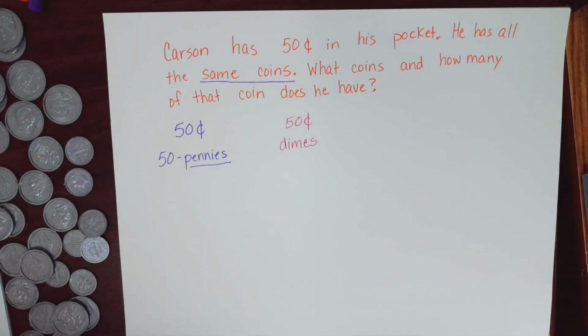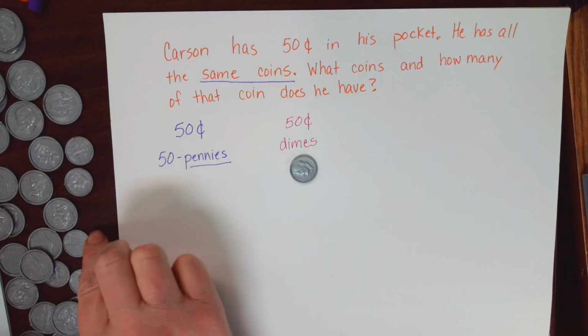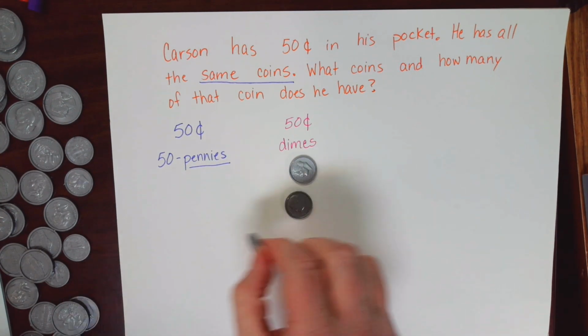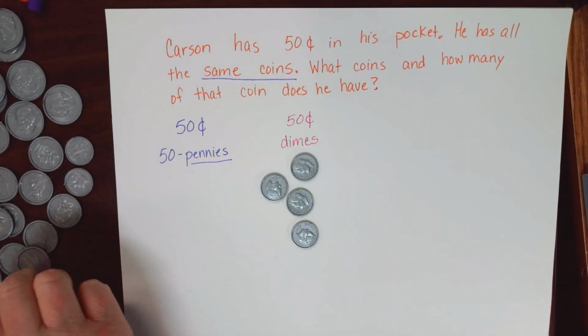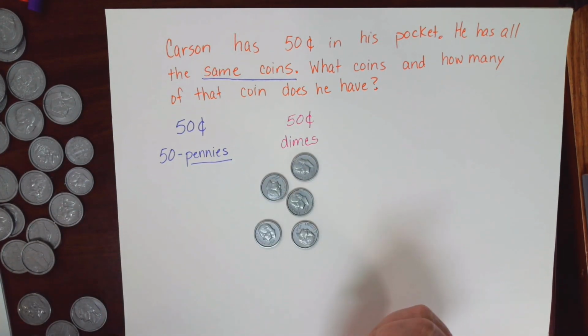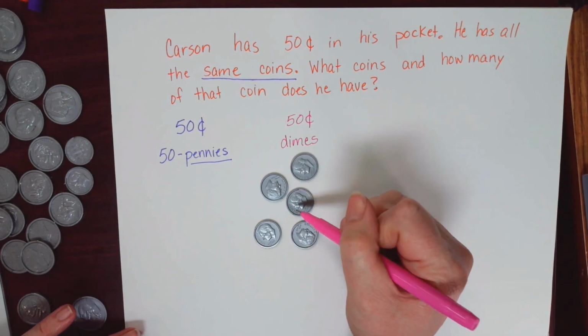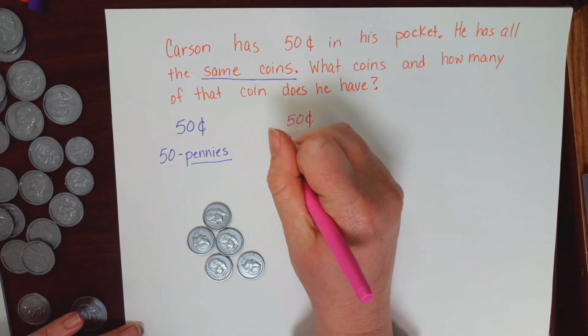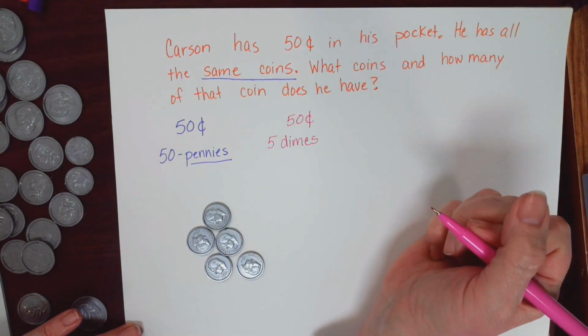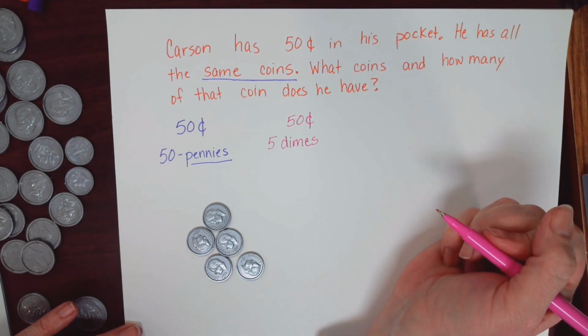Well, let's try it out. 10, 20, 30, 40, 50. Did I use all the same coins? I did. And did I get to 50? I did. So how many do I have? 1, 2, 3, 4, 5. I have 5 dimes. So 5 dimes equals 50 cents too, doesn't it?